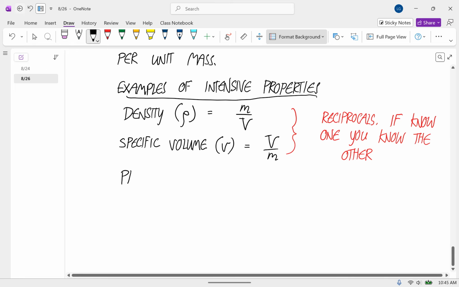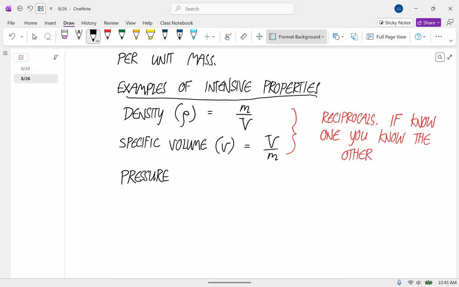Pressure, that'll be denoted with a lowercase p, and that is equal to force divided by area.